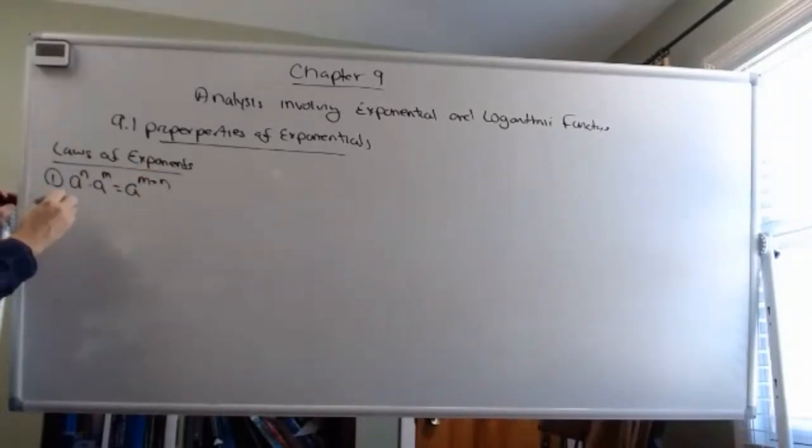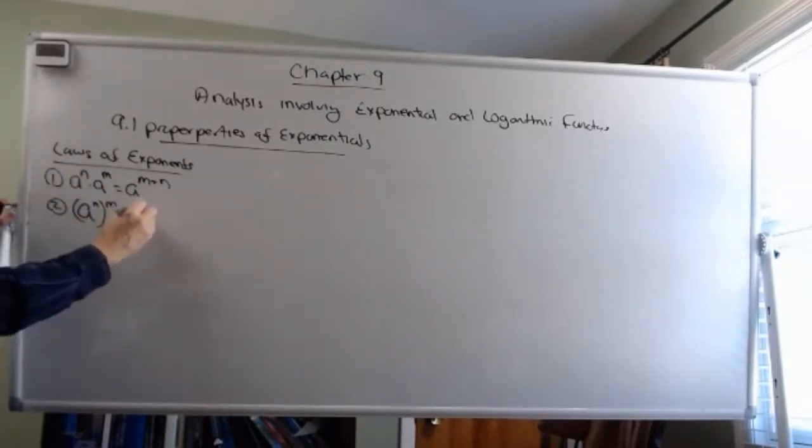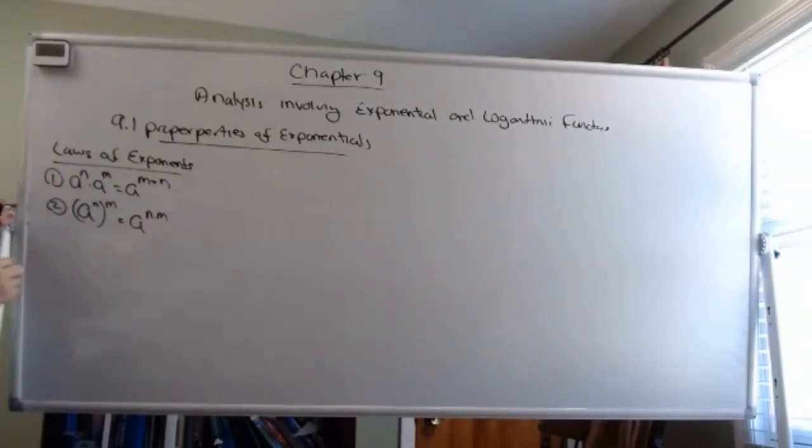We also have the raising to a power rule. A to the n raised to the m power gives me a to the n times m. In addition, we also have the division rule, a to the n over a to the m, and I subtract the exponents.